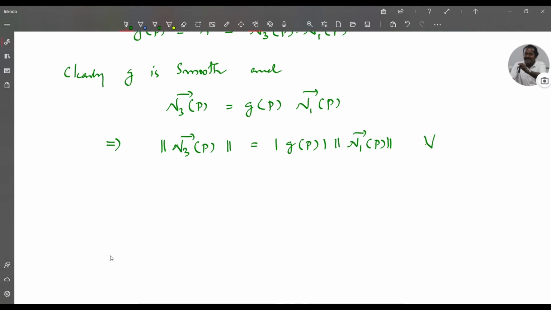This is true for all P in S. That is, modulus of G of P equal to 1 for all P in S. This implies G of P is plus or minus 1.